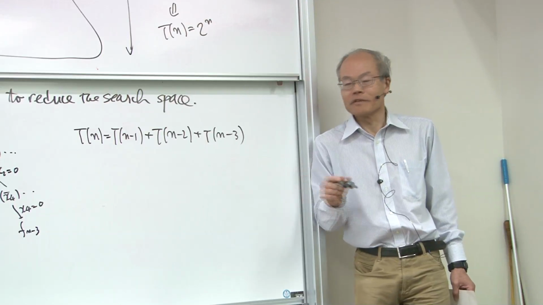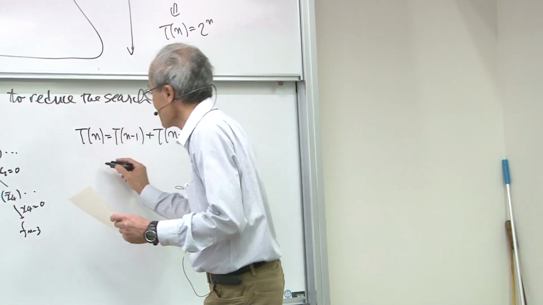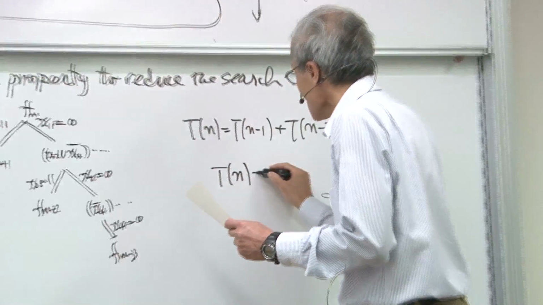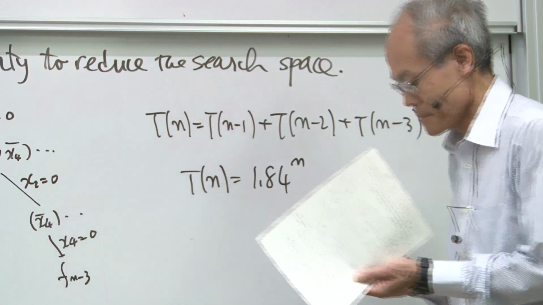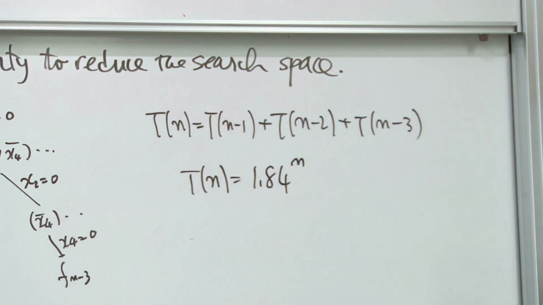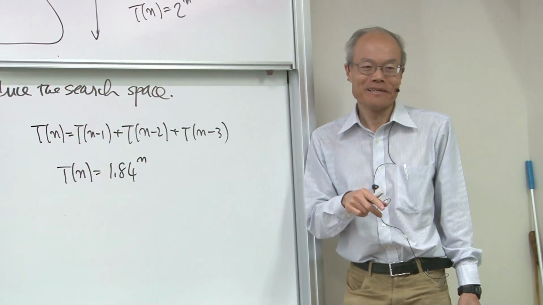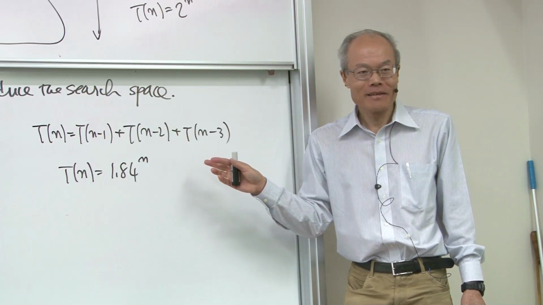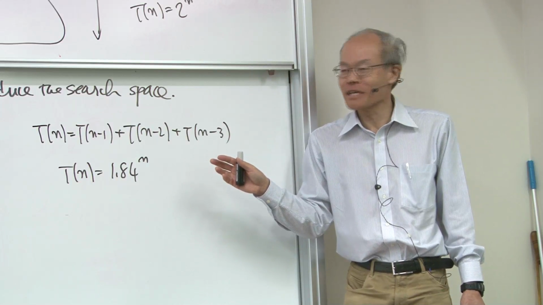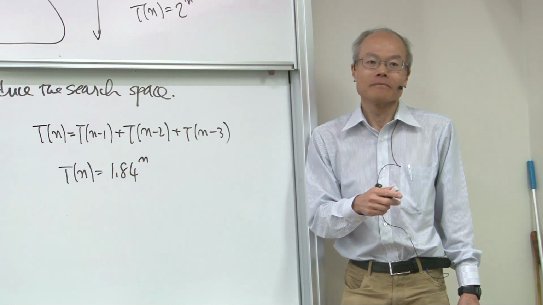What is the solution of this formula? You can check it by yourself, but this T is something like 1.84 to the n. You can use your calculator or Mathematica, to solve this formula. It's pretty easy to figure out that solution is something like 1.84 to the n.